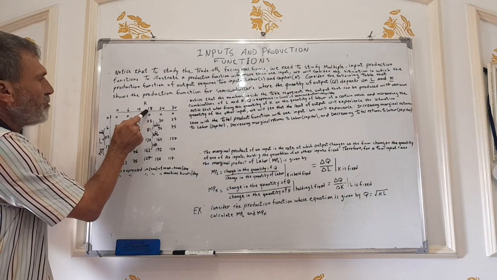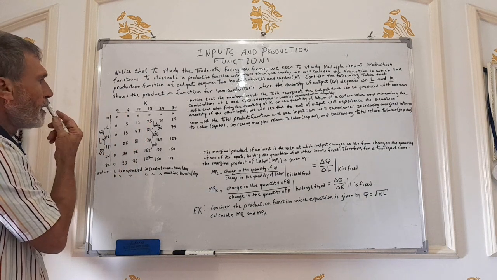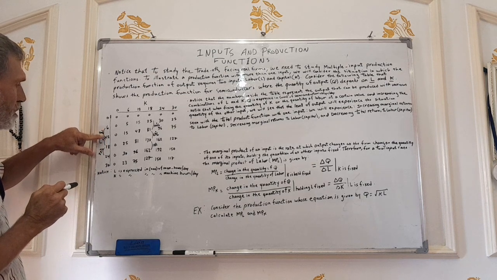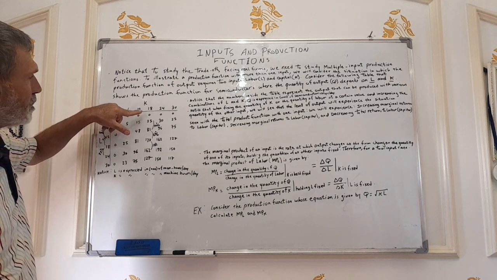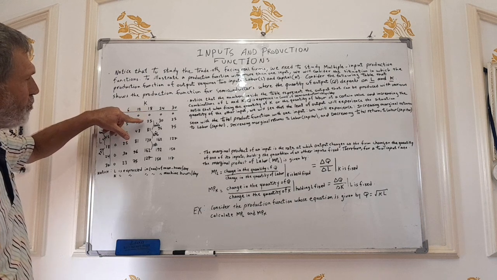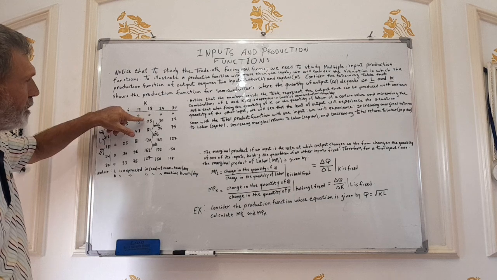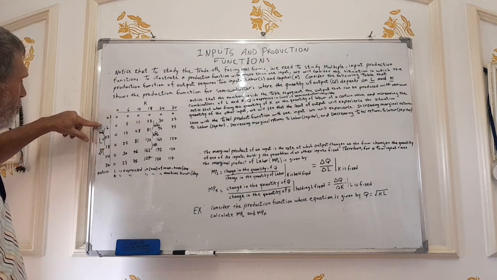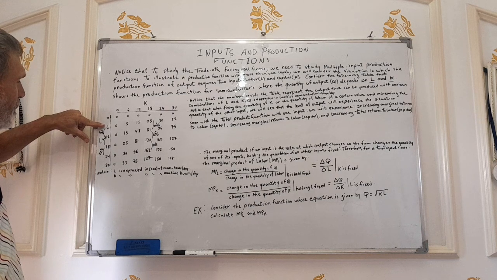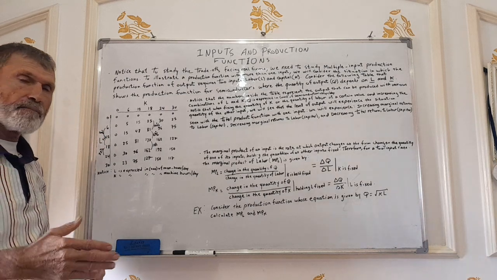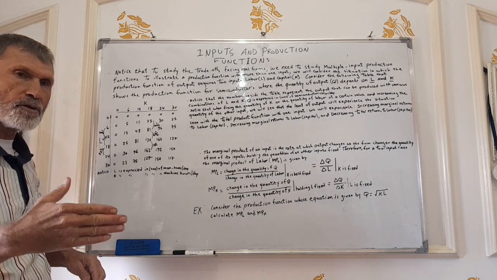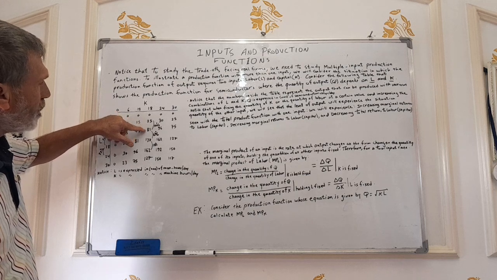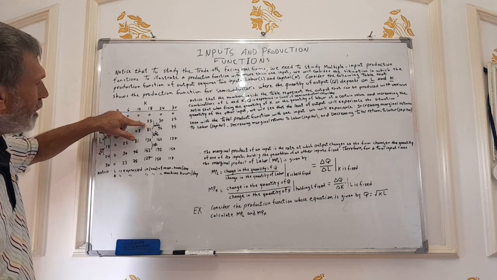So let's look over here. Fixing K at 18, and L is allowed to vary from 0 to 6 all the way to 30. What do you notice? The amount of output increases from 0 to 25 to 81. As you can see, when the amount of labor increases from 6 to 12, that is, the amount of labor increases by 100%, look at the amount of output: it increases by over 200%, 224%.